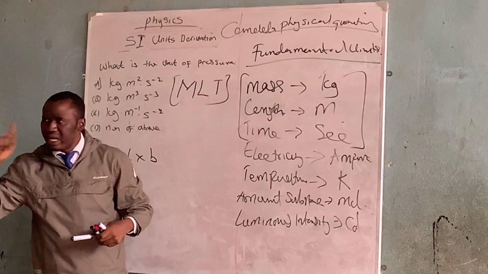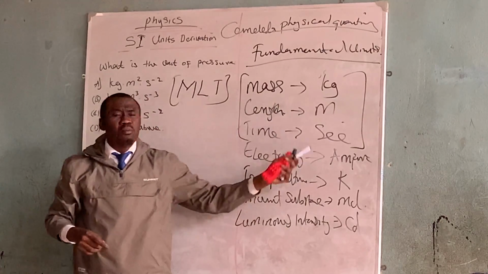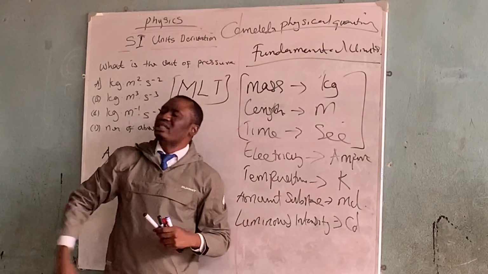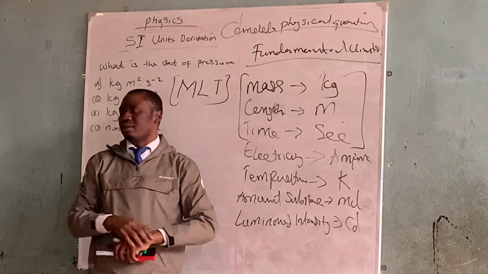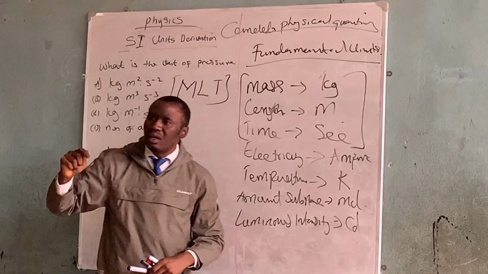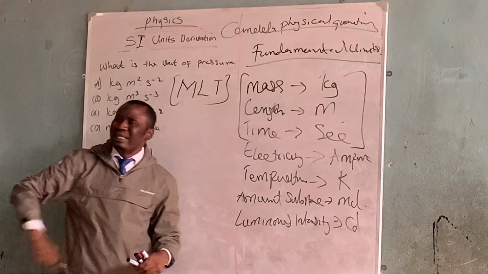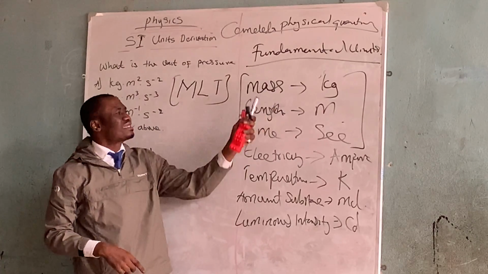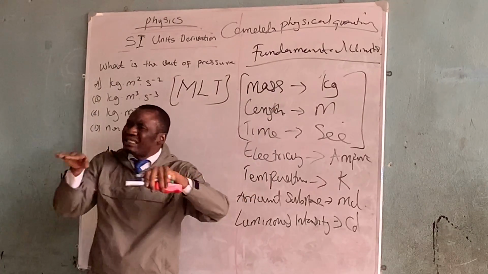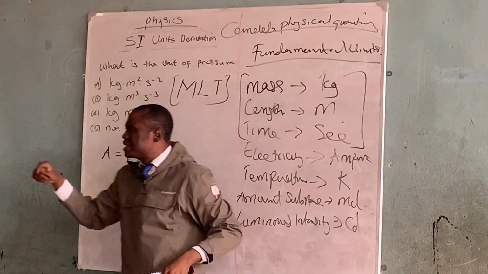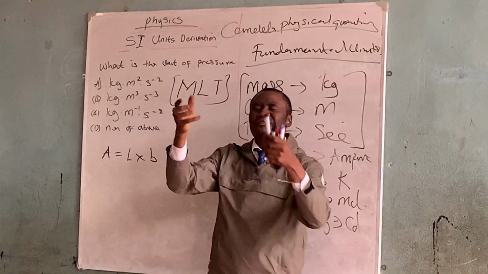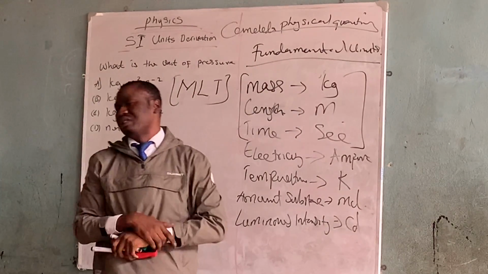Because among the fundamental quantities, there is fundamental of fundamental. The fundamental of fundamental is mass, length, and time. That is the basis you use to derive other derived quantities and units.